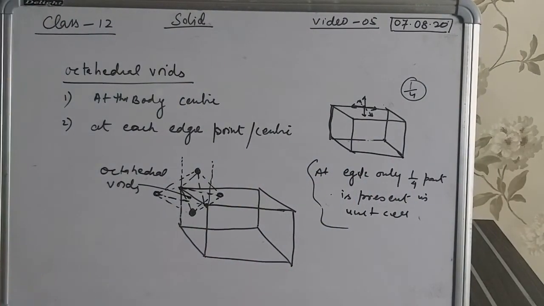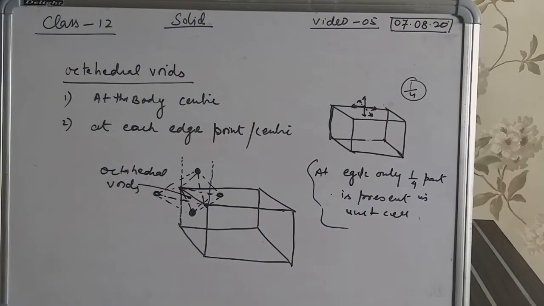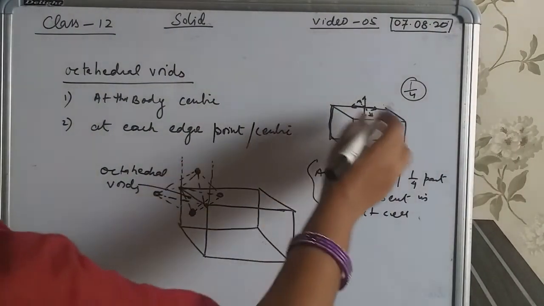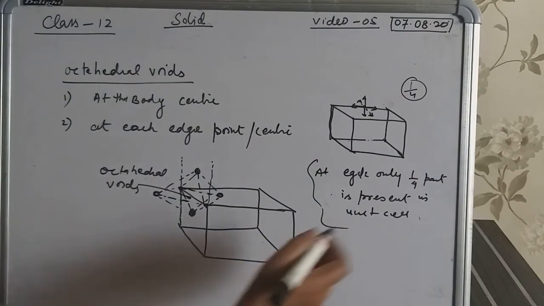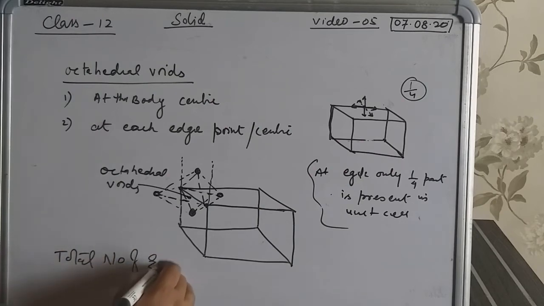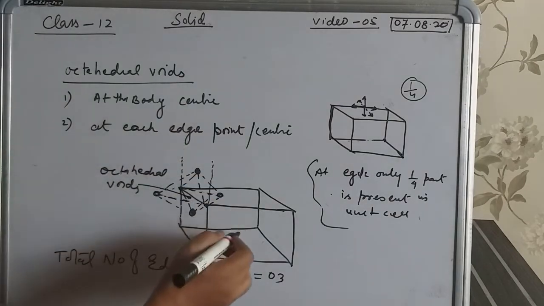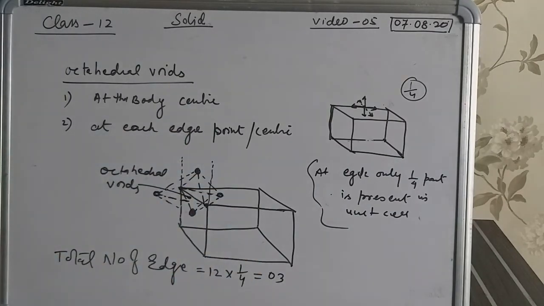Total number of edges is 12 and the contribution is 1 by 4. So it comes to 3. Now at the body, 1 is present.